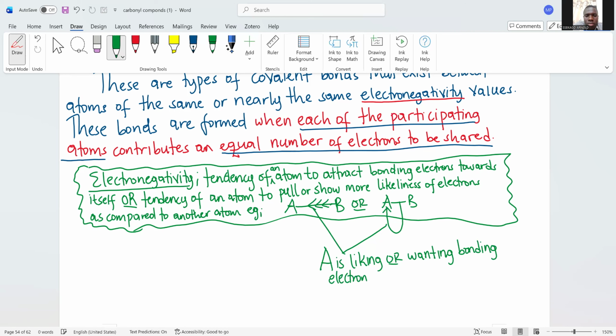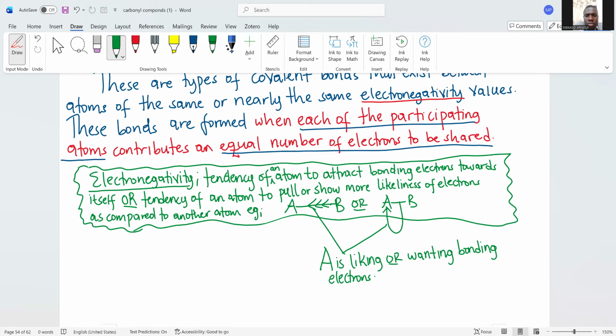A is liking electrons which are in that bond. That is electronegativity: an atom liking electrons more as compared to the other. So A is liking or wanting bonding electrons.